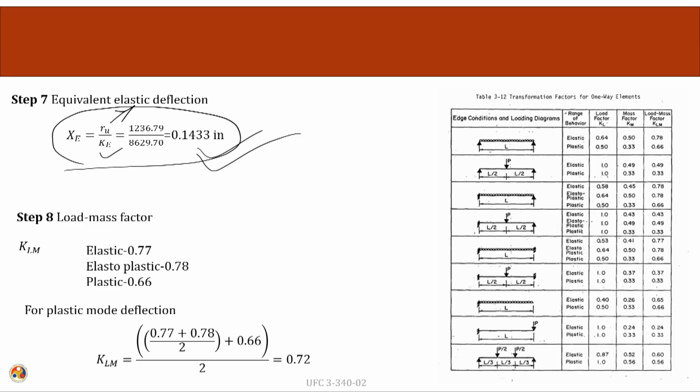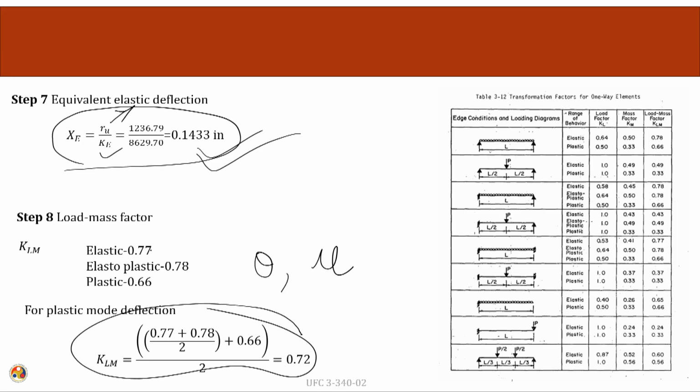Depending upon the rotation and the deflection allowed, we assume whether my section is remaining in the elastic region, elastoplastic region or the plastic region. Here we are assuming that my section is in between the elastoplastic and the plastic region.